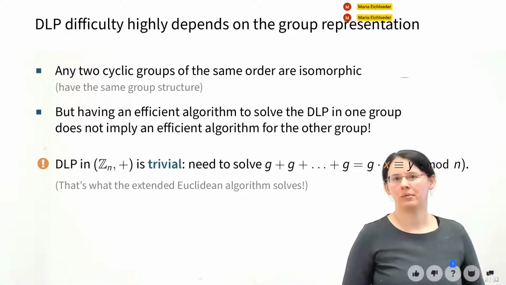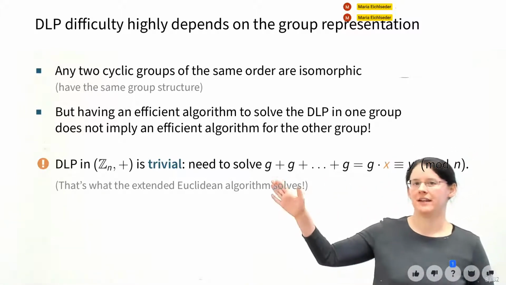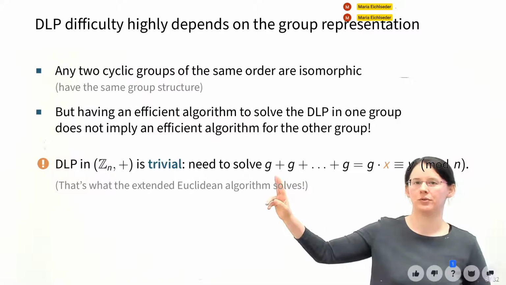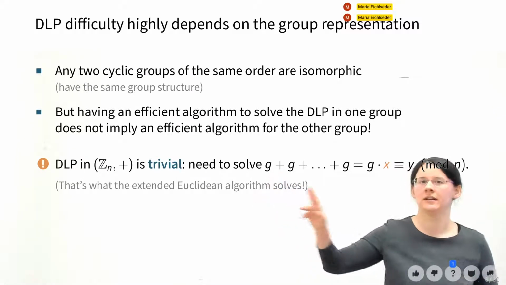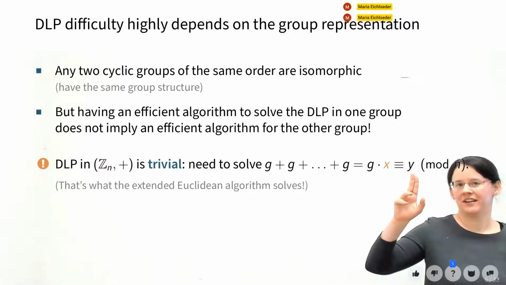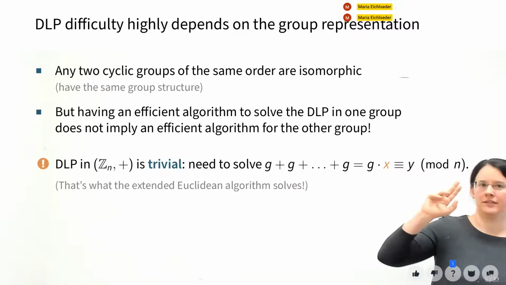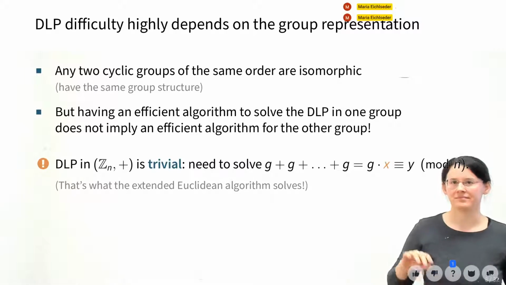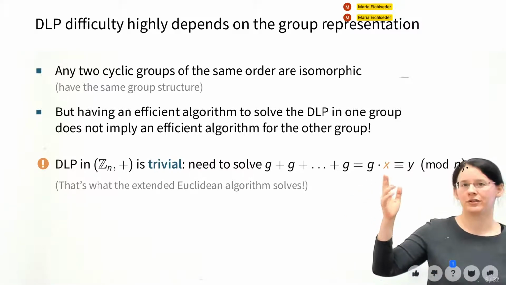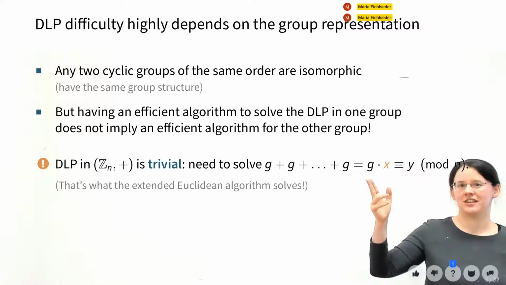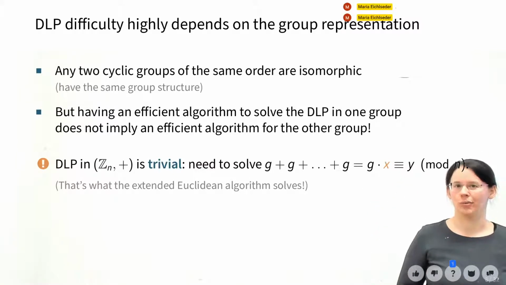So how does this problem look like in this group? I'm again interested in how often I have to apply the group operation to some generator, like for example the number 1, to generate a particular challenge value in the group, so modulo n. Now this I can simply write as I'm looking for some value x such that g times x equals y.